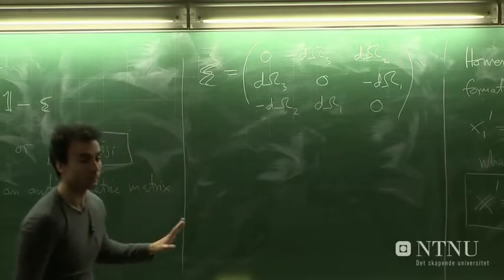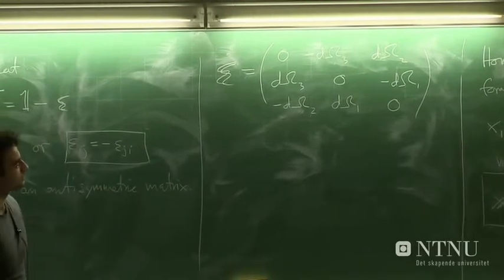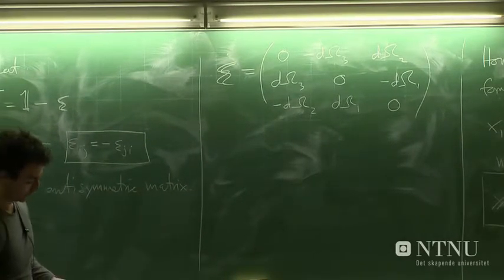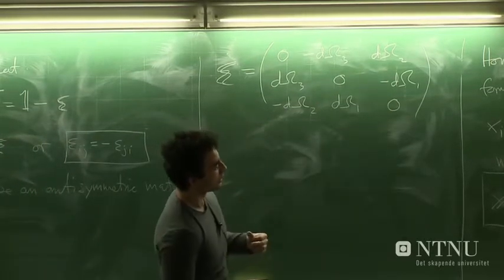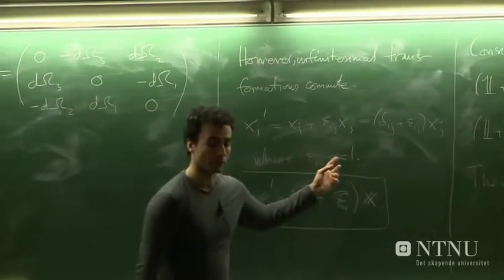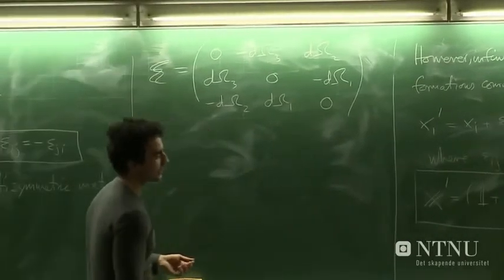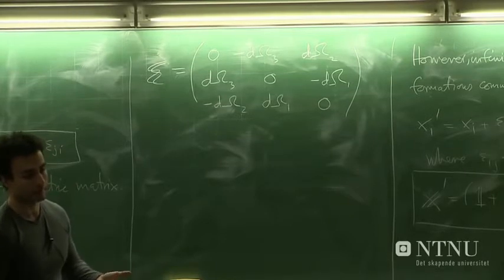So this form should be completely general. And I've written infinitesimals here because we have assumed that epsilon ij is much smaller than 1. It corresponds to an infinitesimal rotation.